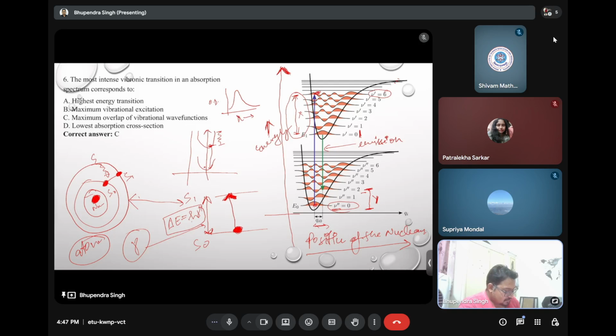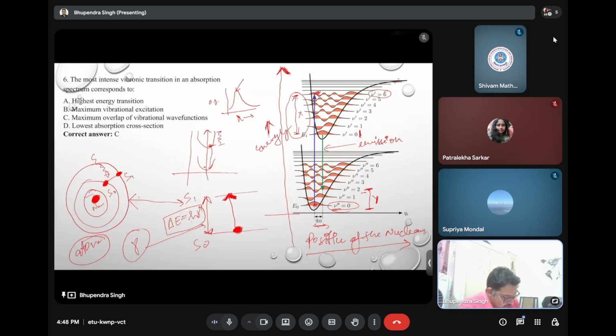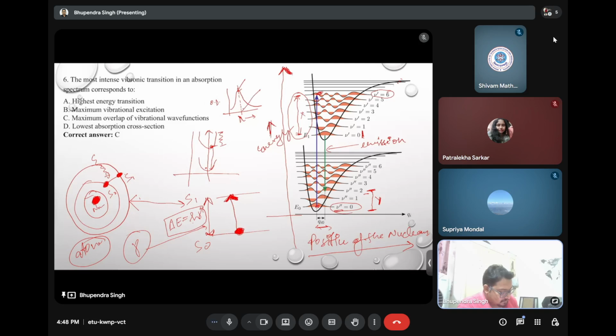So at this particular wavelength, the absorption is most intense because the overlap of the wave function is higher, right? That is what you are trying to say.